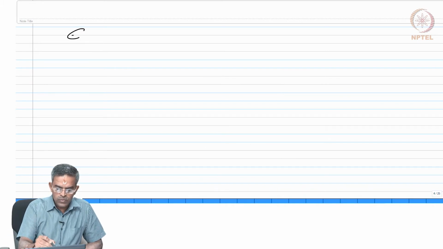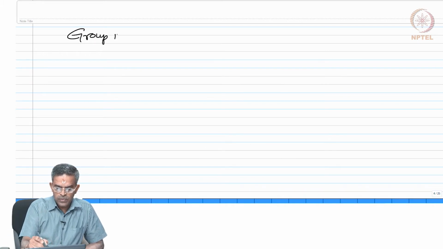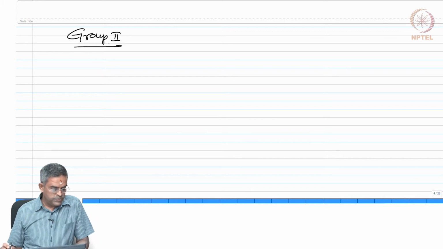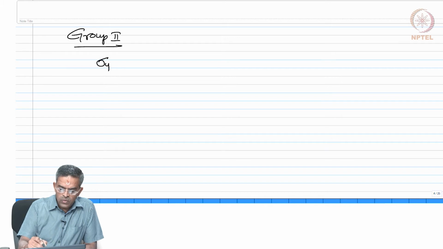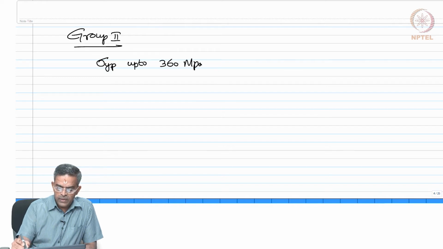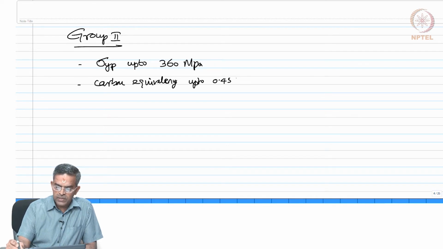Group 2 is that steel whose yield value is up to 360 megapascal and carbon equivalency is up to 0.45% by weight.